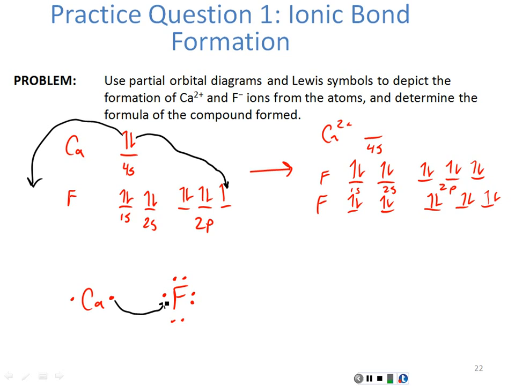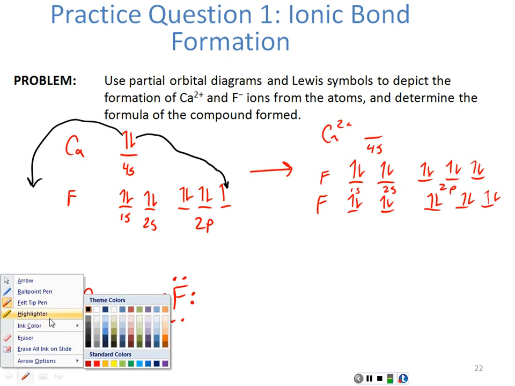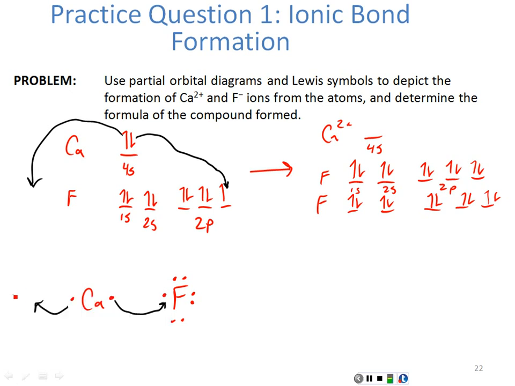Calcium has 2 electrons to give up. So it's going to give up another one to another fluorine. And what we'll be left with is 2 fluorine anions and 1 calcium 2+ cation.